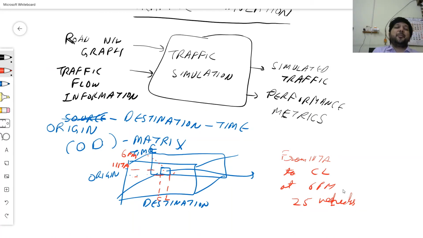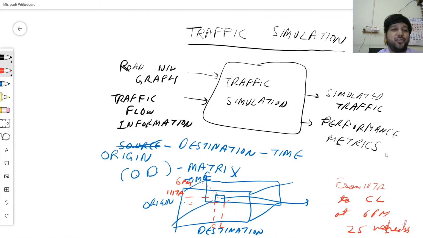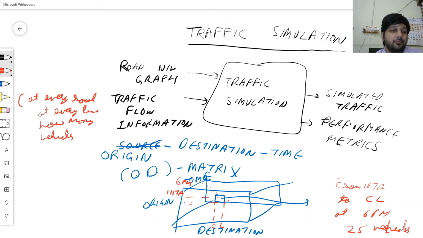Now the same information can be summarized as traffic flow information. So this is what we'll require generally as an input. In general, what I aim at recording is at every road, at every time, how many vehicles move.